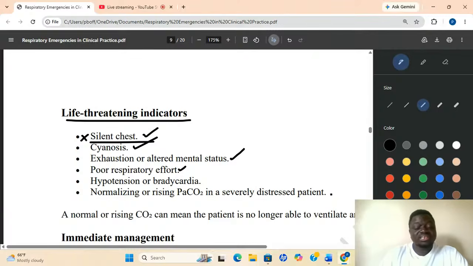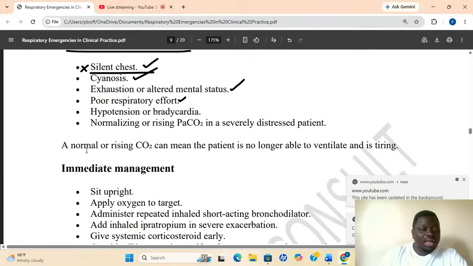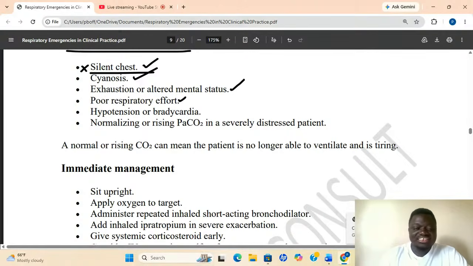Especially in asthma, be careful. A normal or rising CO2 can mean the patient is no longer able to ventilate, or they are tired.